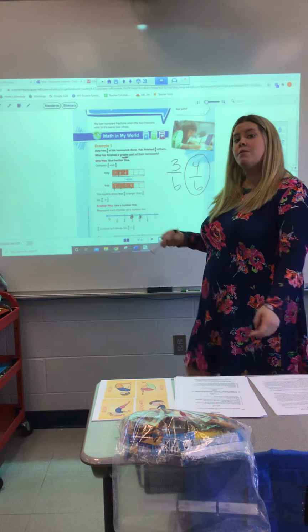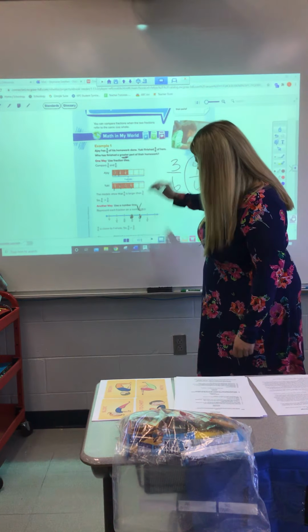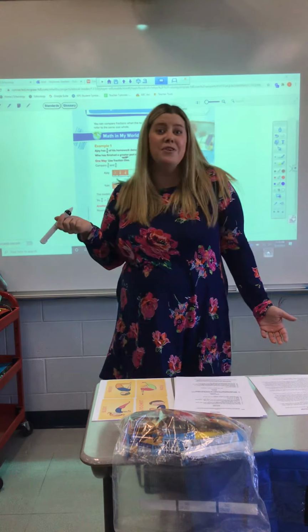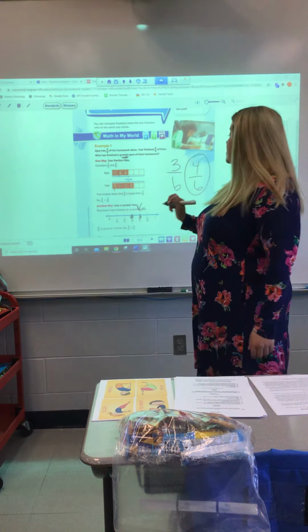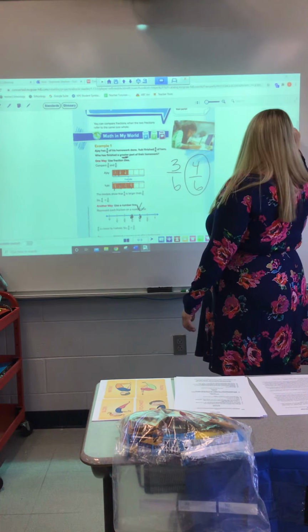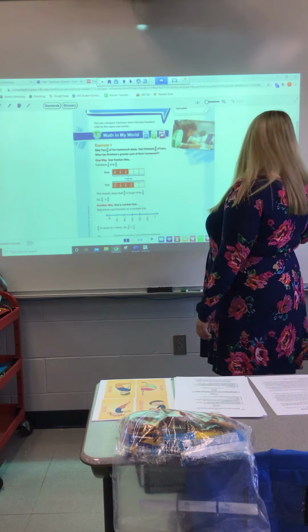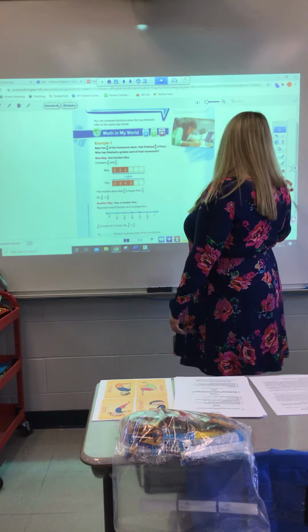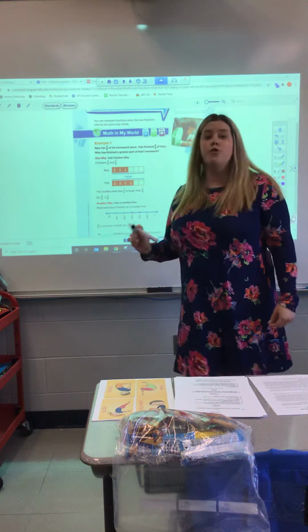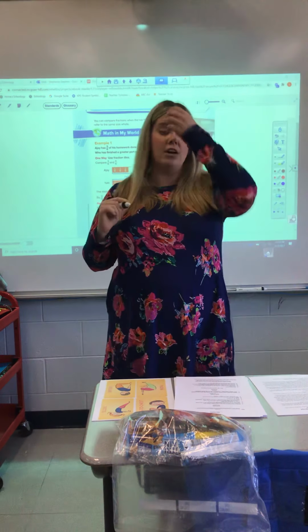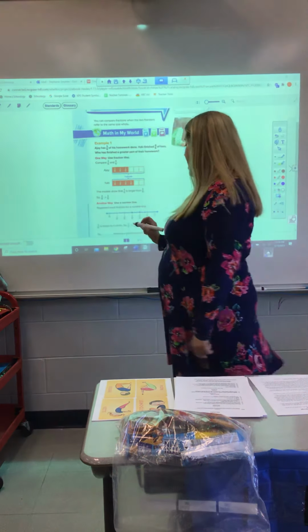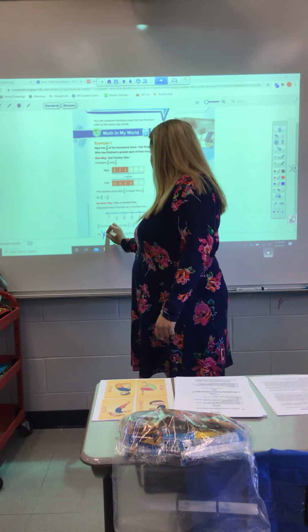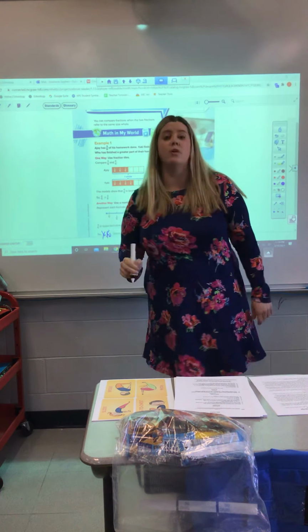Who's farther down on my number line? 4/6, still Yuki, okay? So, if we look at that, it says 4/6 is closer to 1 whole. So we can determine 4/6 is greater than 3/6, okay? So Yuki finished more of her homework.